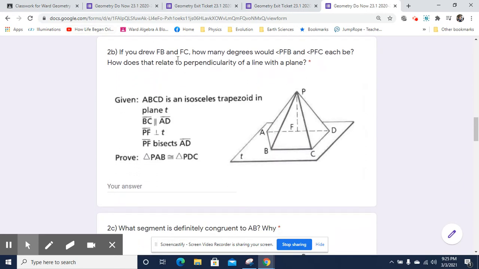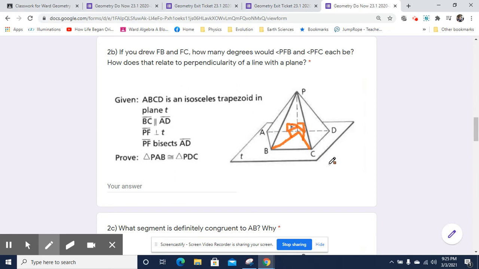If we were actually to draw some auxiliary lines, FB and FC, how many degrees would PFB and PFC each be? Well, BF and CF are lines that go through the foot of PF, and we've been told that PF is perpendicular to plane T, so that would tell us that this angle is right and this angle is right, as already were these two angles.